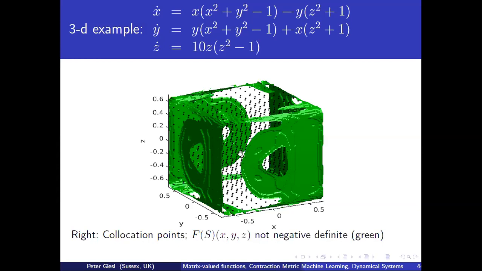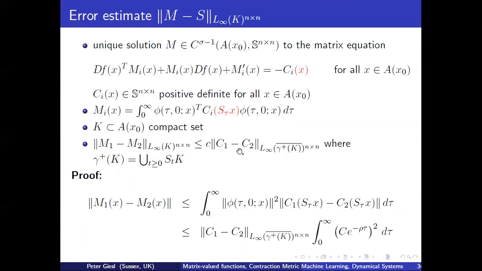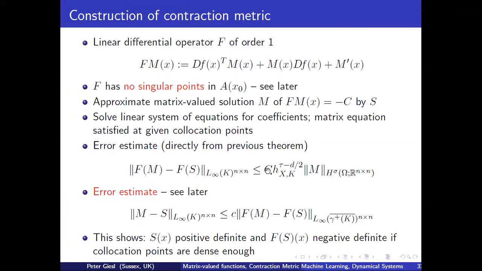We know that if our fill distance is small enough, then nothing can happen. We have these error estimates. The problem is we don't know anything about these constants here, so we don't know how small the fill distance really has to be. It's more: if h is small enough, at some point it'll work.